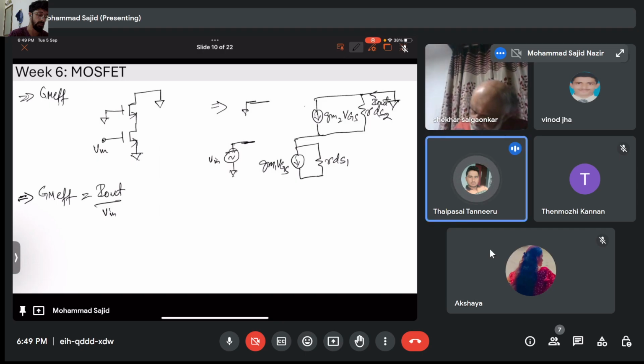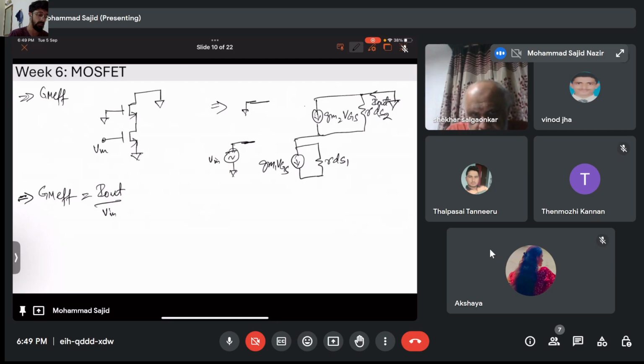Sir, my approach is, should I explain? Yes. While you are connecting GM1 VGS, RDS1, make the upper point a node. Whatever current is coming should be added at this node. So what is the first step you did?